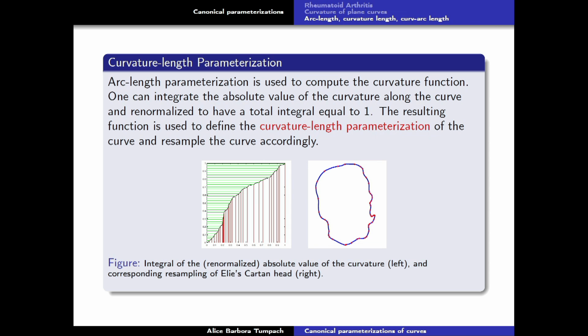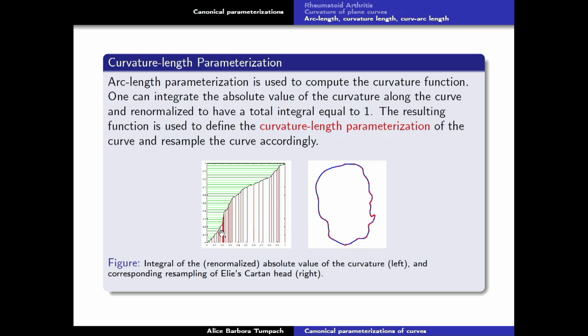As I said, arc length parameterization is used to compute the curvature function, and then when you have it, you can integrate the absolute value of the curvature along the curve, and so you have this total integral of the absolute value of the curvature. If you renormalize, this is the integration of the curvature along the curve.